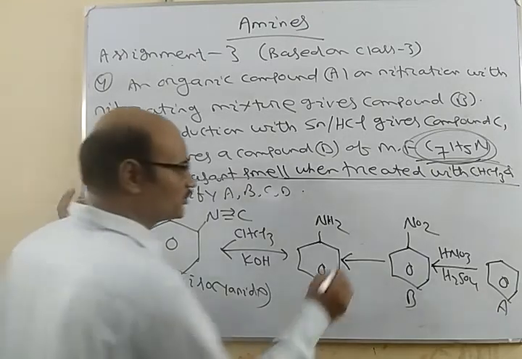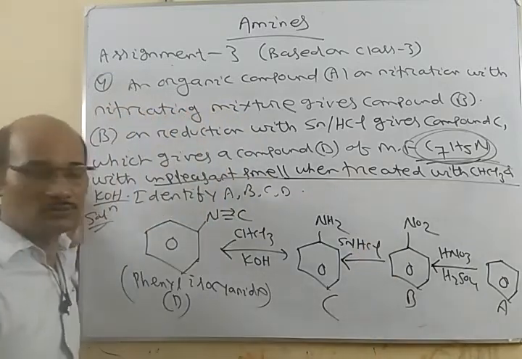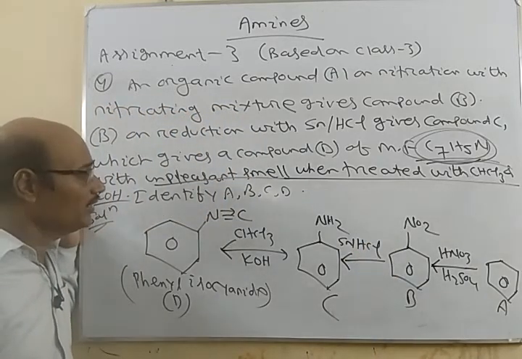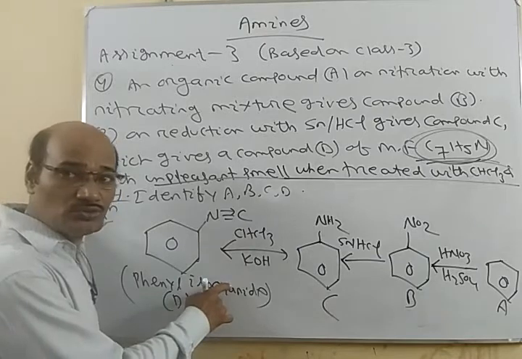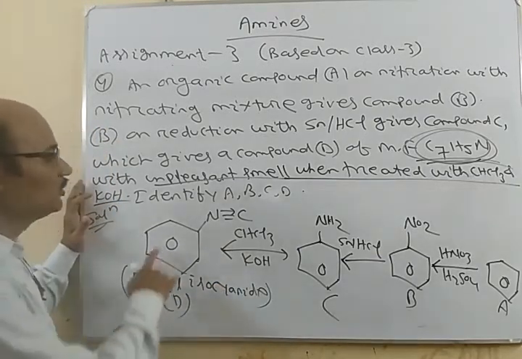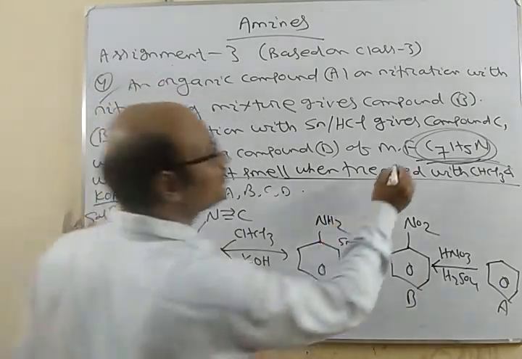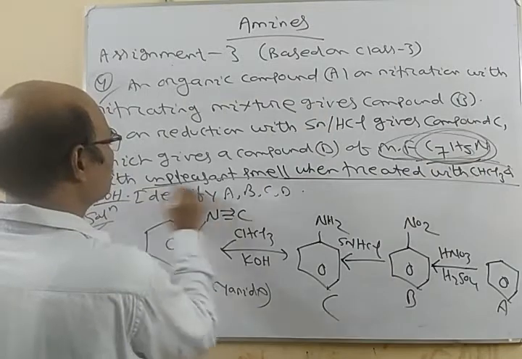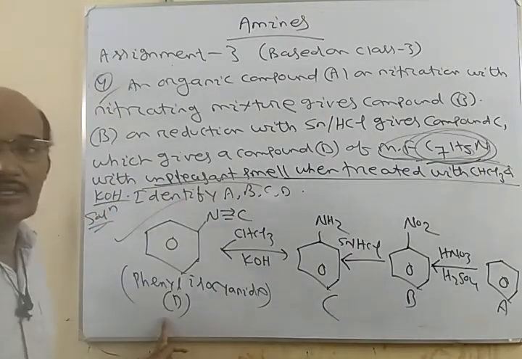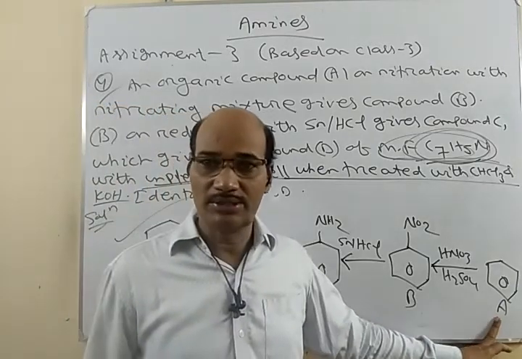Nitrobenzene undergoes reduction with Sn-HCl to give aniline. Aniline undergoes carbylamine reaction to give phenyl isocyanide having a bad smell. So this is the determination of structure. From the known formula and these two tests, I first get D, then working backward I get A, benzene.